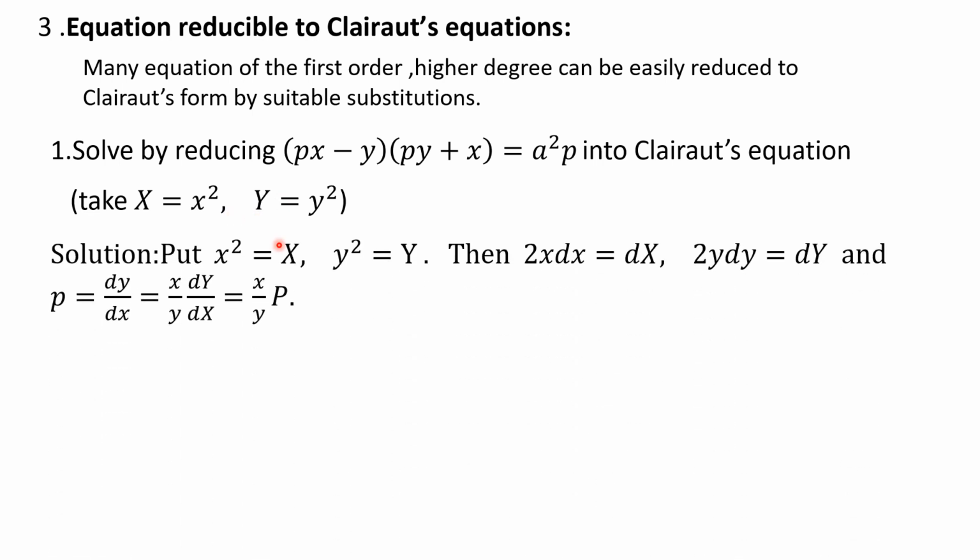So for that what we do here is we start with getting an expression for this p, that is the first work. How can we do that? So I need dy by dx. So that's why the given is x square equal to capital X, y square equal to capital Y. So differentiate on both sides. So that gives 2x dx equal to dX. So please be cautious while writing the variables uppercase and small.